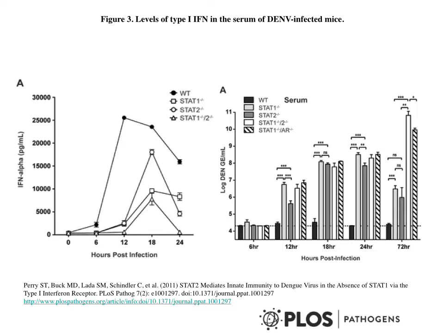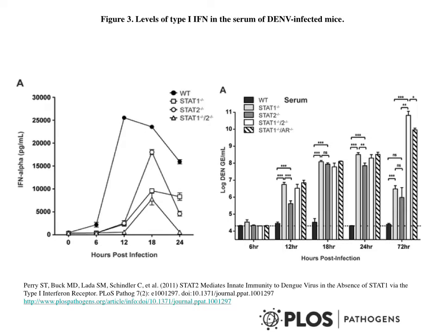Well, if we test the production of dengue in these different types of mice, that's what you see on the right-hand side. And across the bottom of the graph, you just have hours after infection with dengue. And here we're looking at the amount of dengue produced, so the log dengue produced. And again, it's those different strains of mice. The black bars are the wild type.